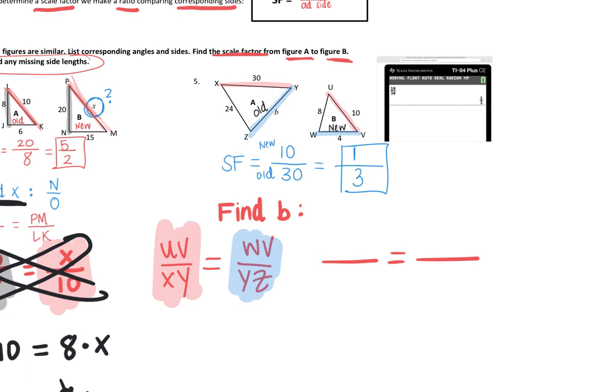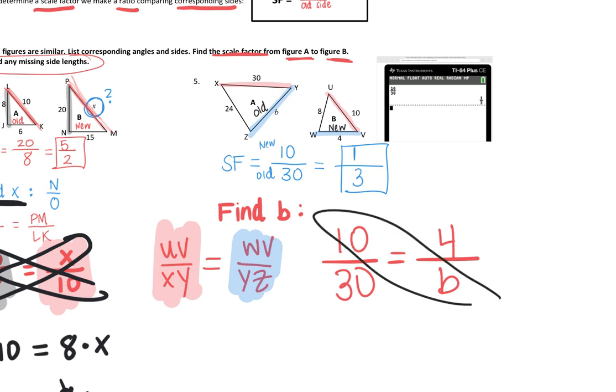If I get my correct pen, 10 over 30. So UV over XY, 10 over 30. So new over old. And my other corresponding side is going to be 4, which is WV, over YZ, which is B. B is what I'm looking for.